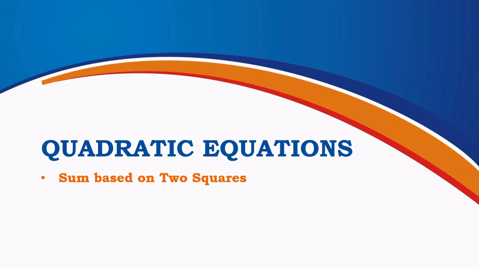In this lesson, we will learn how to understand the problem, choose suitable variables, form a quadratic equation, factorize it, and finally find the required answer. We will solve each problem step by step in a simple and logical manner so that the method becomes easy to understand and remember. So, let us begin our study of quadratic equations based on two squares.